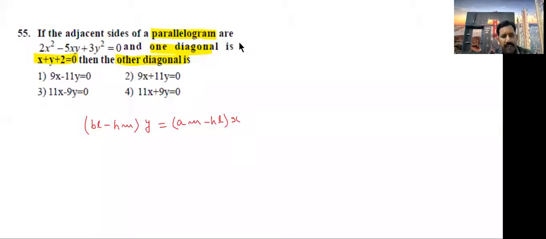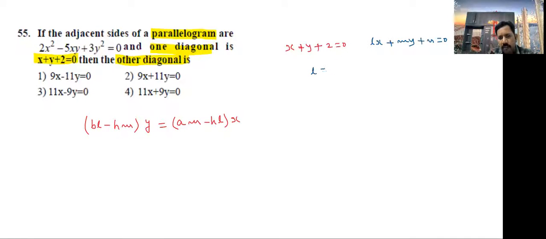Now identify the l, m, n values. Compare x + y + 2 = 0 with lx + my + n = 0.